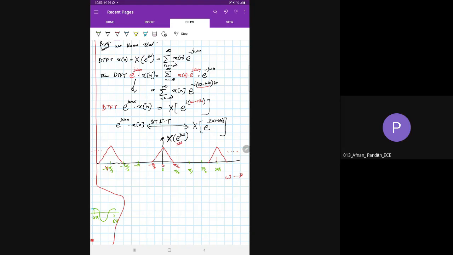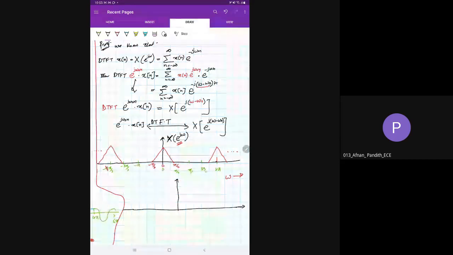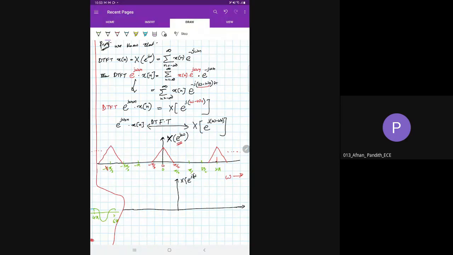Now the plot of shifted signal, which is x of e raised power j ओमेगा माइनस ओमेगा नॉट. ठीक है, ये है हमारी शिफ्टेड ट्रांसफॉर्म e raised to j omega minus omega naught. उसका प्लॉट कैसा होगा?